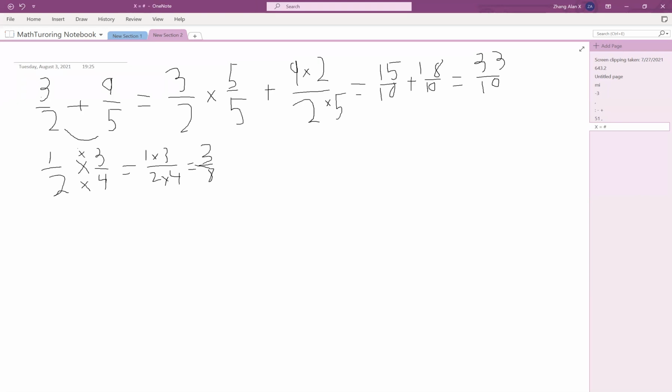This time, let's say 1/3 times 1/4. Similar to the problem we just did, so the top would be 1 times 1.